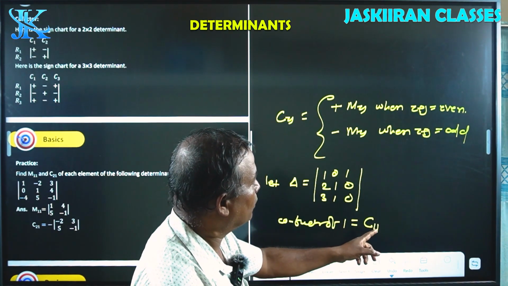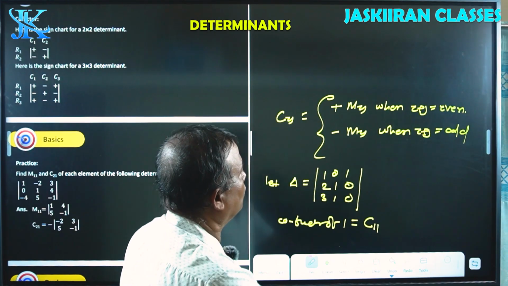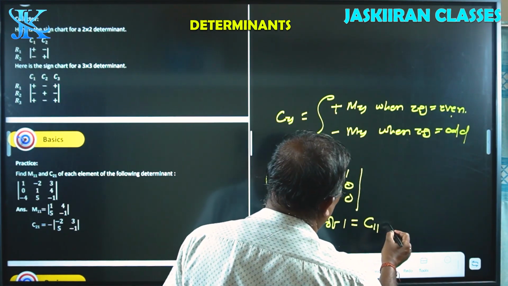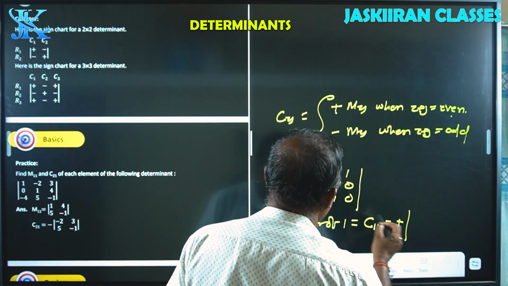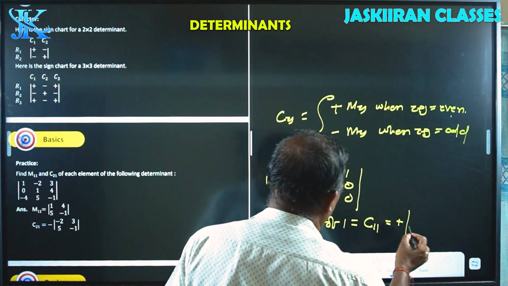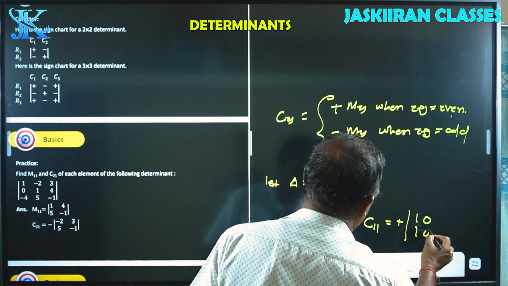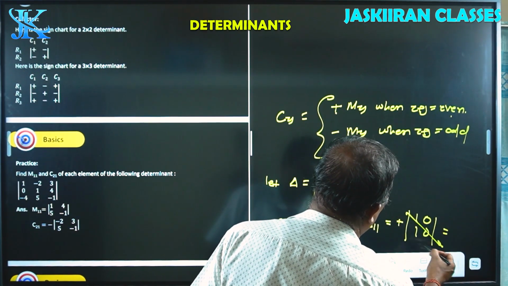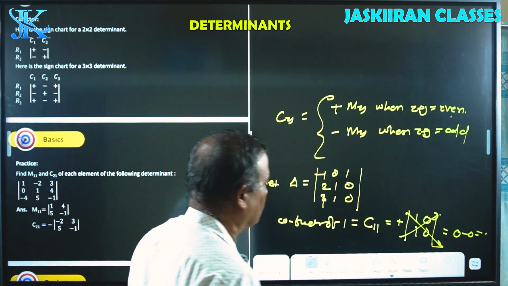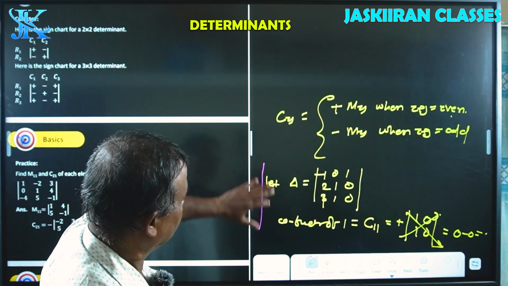Adding i plus j, we get even. So, when even, taking the plus sign of the minor. Minor only with plus sign. Then taking the minor M11, omitting the i-th row and j-th column. That is 1, 0, 1, 0. Then that is principal diagonal minus secondary diagonal. 0 minus 0 equal to 0. Okay. Then that's it.